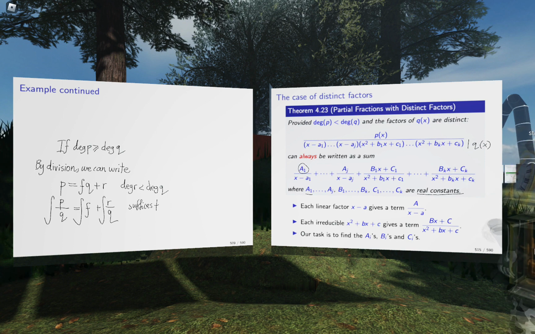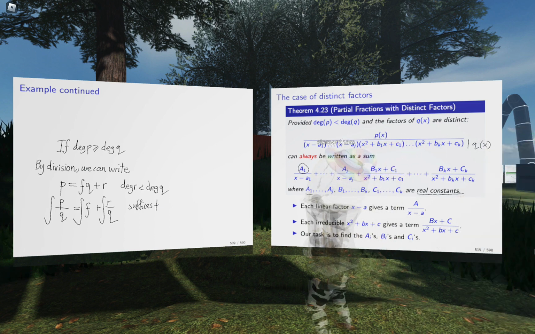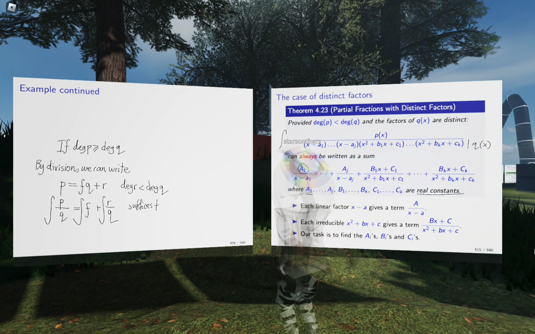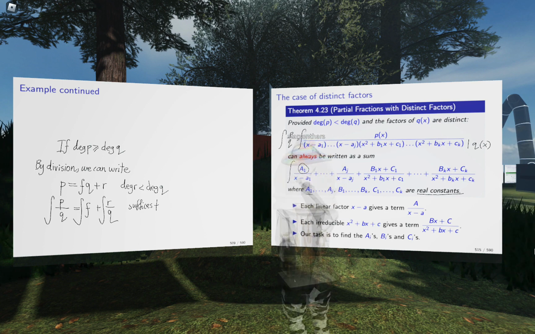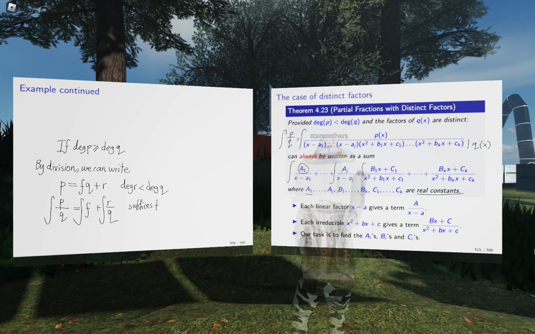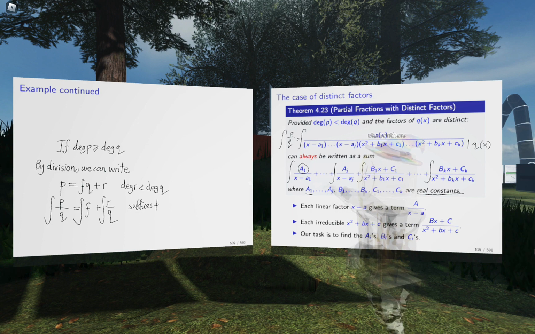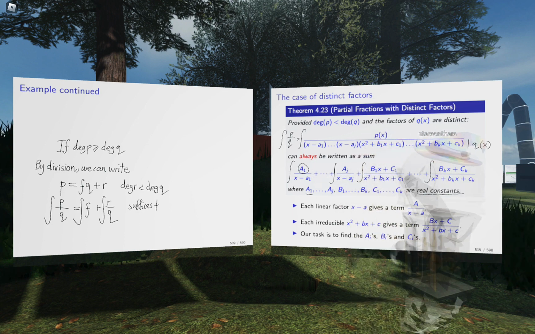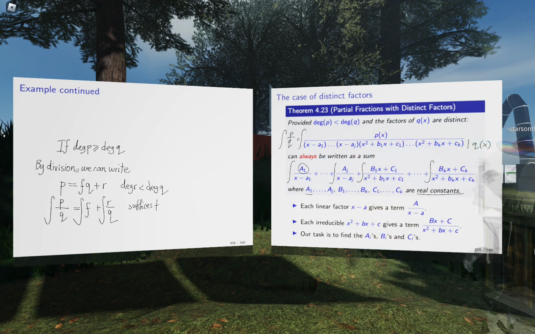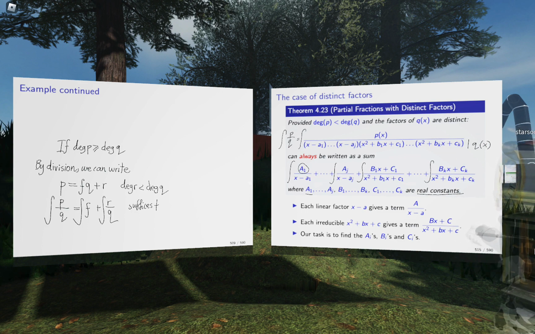All right. So what's the upshot? The upshot is that the integral of p divided by q is just the integral, or rather the sum, of all these integrals. And these we can do, right? That's a logarithm, that's a logarithm, that's a logarithm plus an arctan, that's a logarithm plus an arctan.